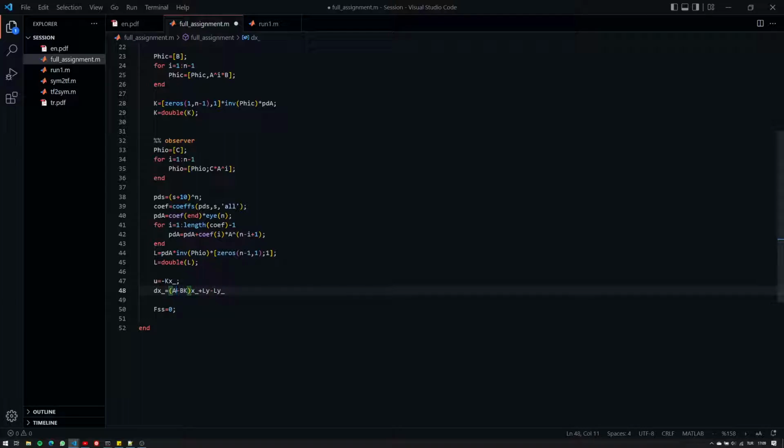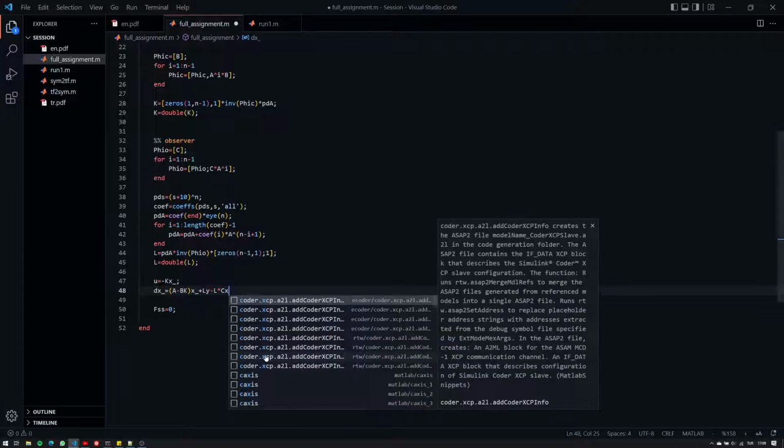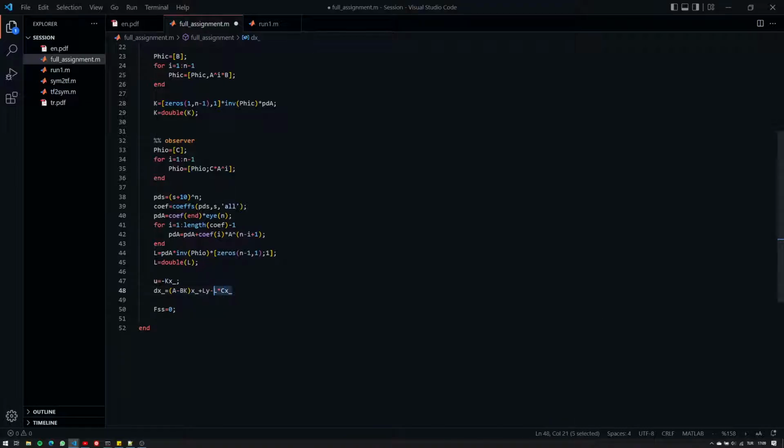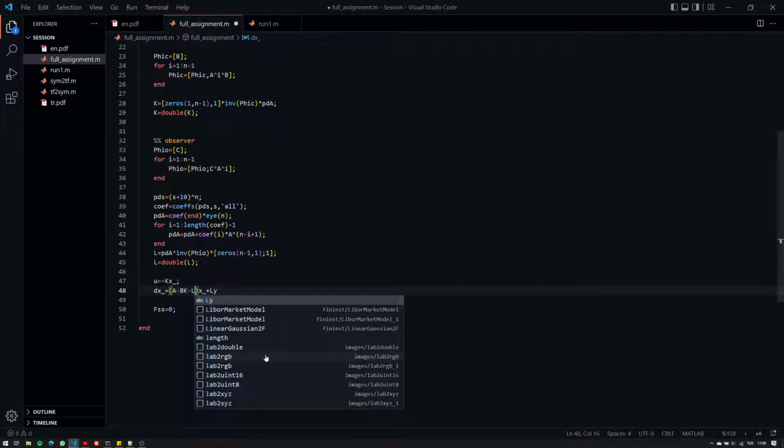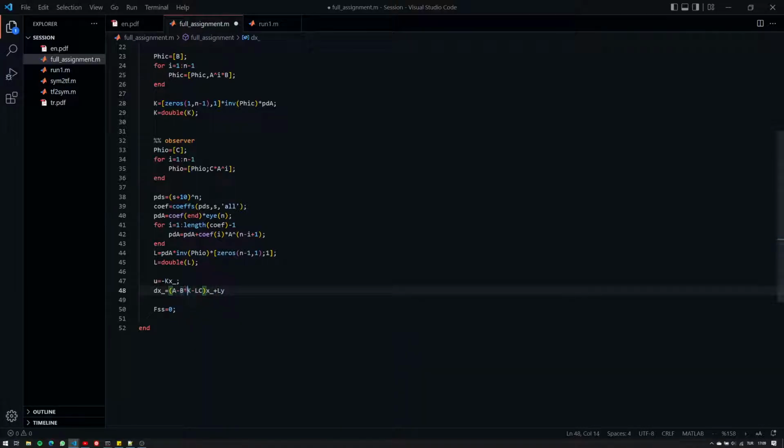So this is a minus bk x hat plus ly minus ly hat. But I know that this is basically L times C x hat. Again, we have this here. So let me move it. So it will become LC. So B times K, L times C.